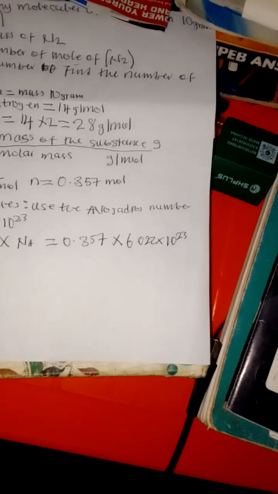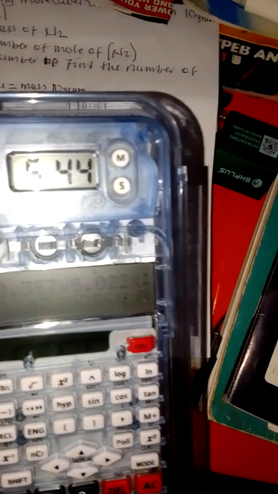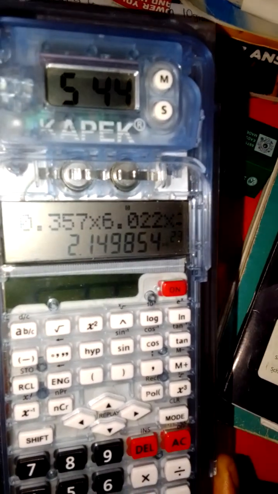So if you use your calculator to check that, 0.357 times 6.022 times 10 raised to power 23, this is what you get. This is your answer.